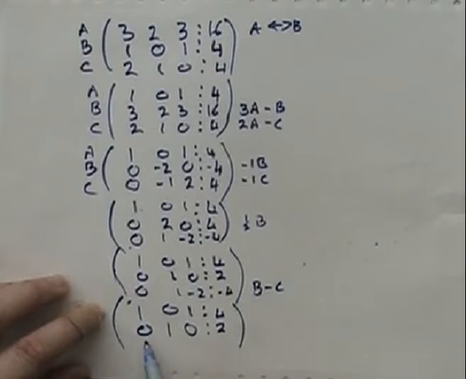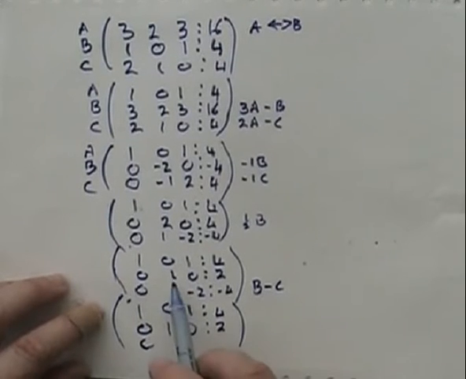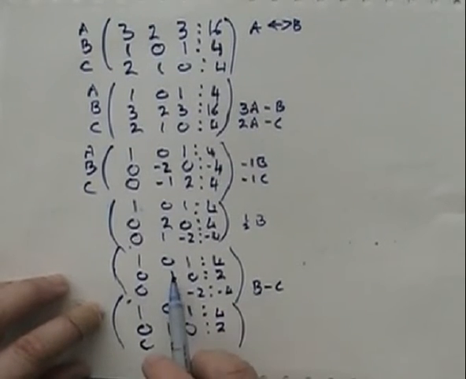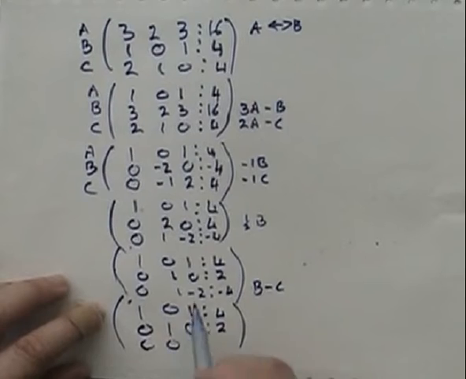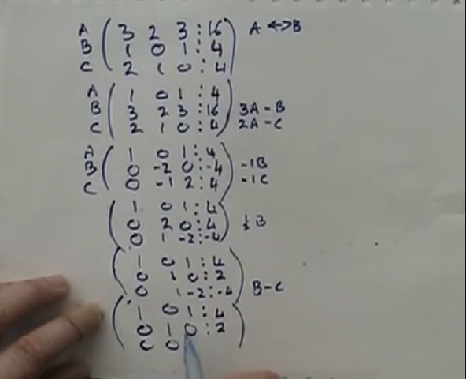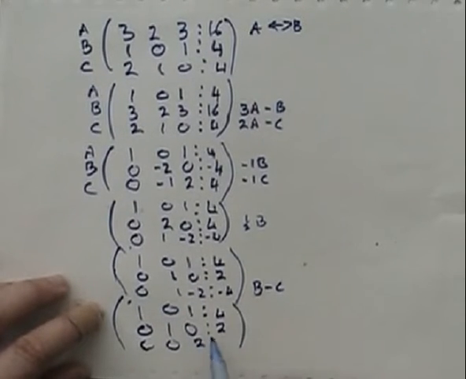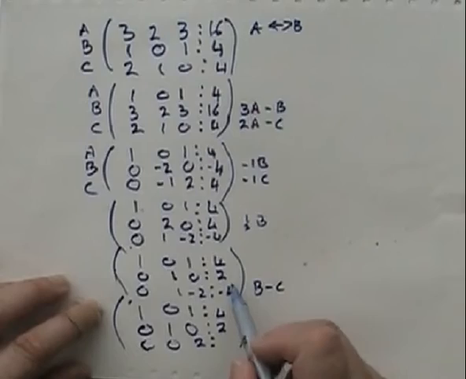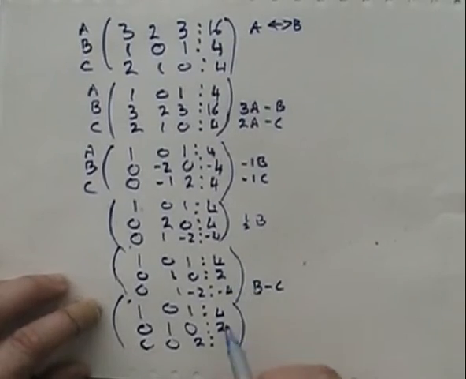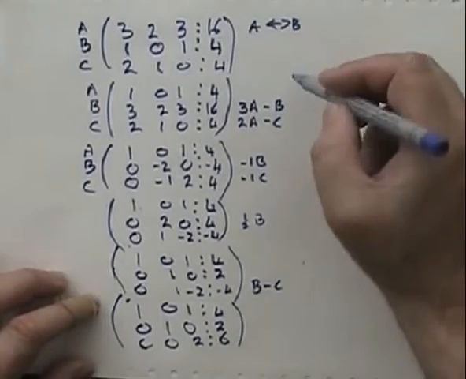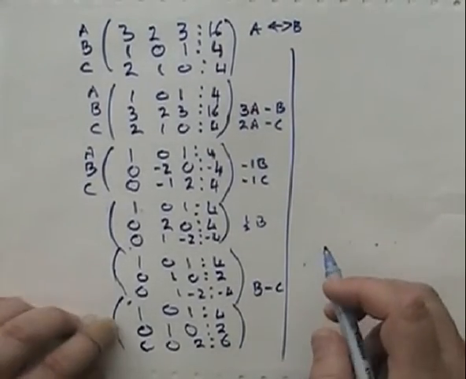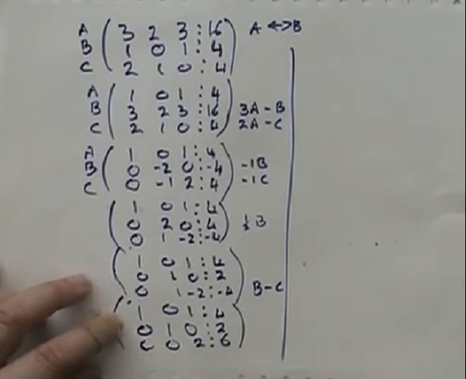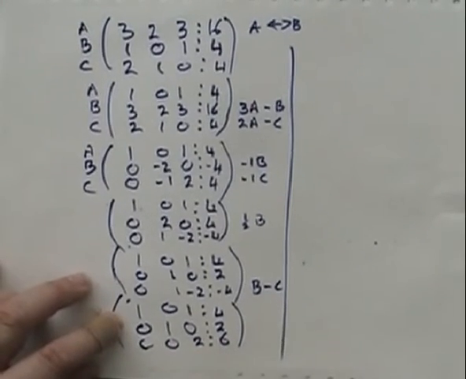I just said I was only going to be touching row 3. And row 3, I go 0. Row B, this row minus this row is 0. This minus 2 is positive 2. 2 minus 4 is 6. So I can then just divide by 2.